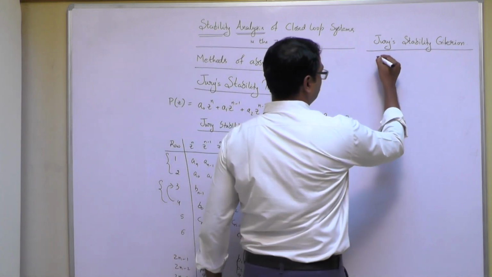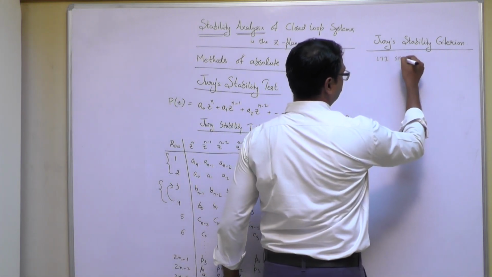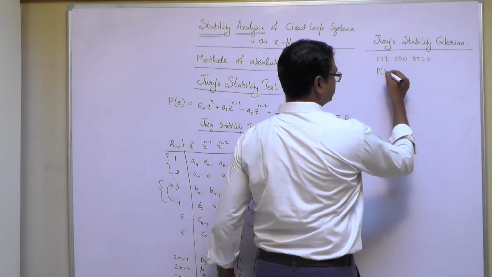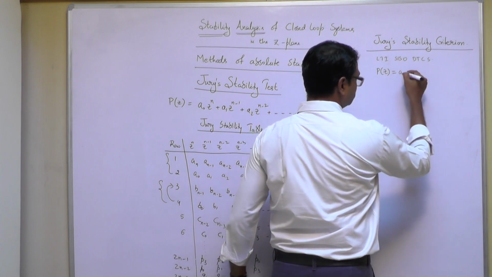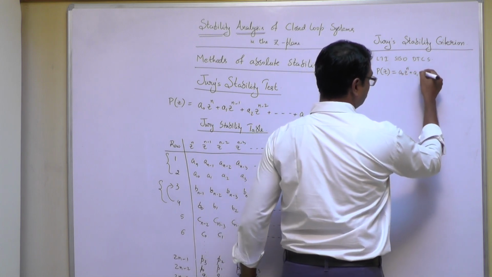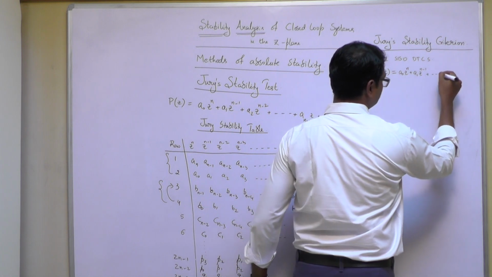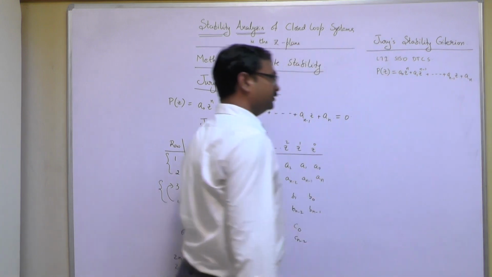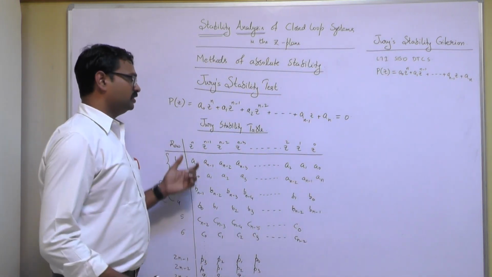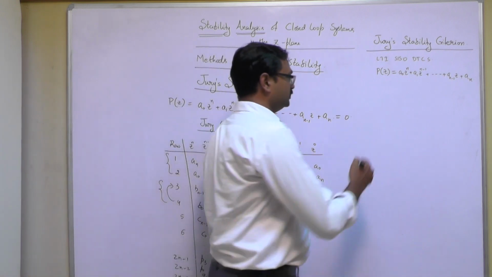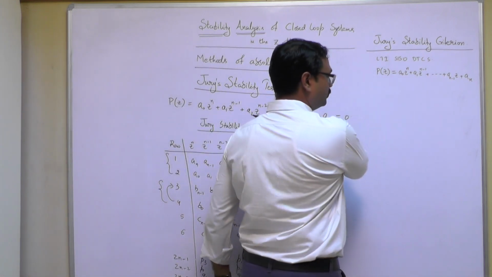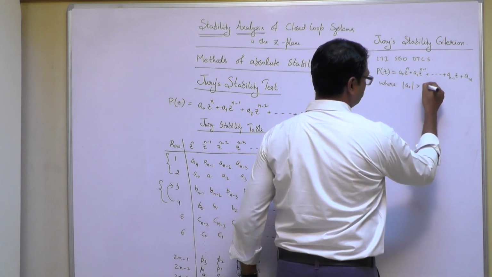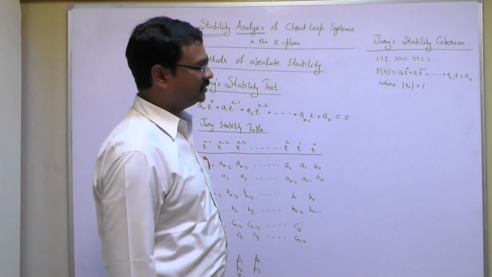If any linear time invariant single input, single output, discrete time control system is characterized by the equation P of z equal to 0, which is a0 z power n plus a1 z power n minus 1 plus so on plus an minus 1 z plus an, then we will write this Zurich stability table, where mod a0 is greater than 1.